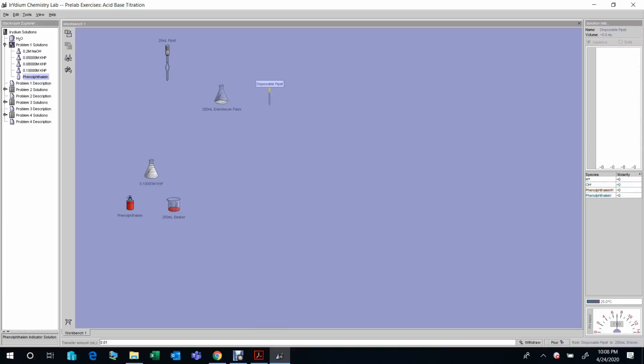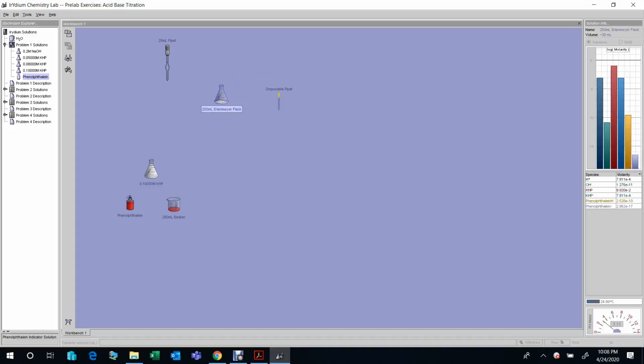And then we can click this solution. You see on the right column, we can see there is KHP, right? Because just now we transferred 25 milliliter of solution, and we also added some indicator.